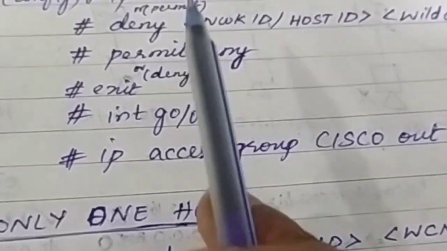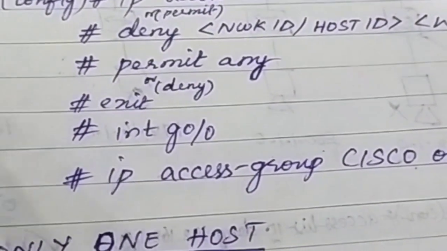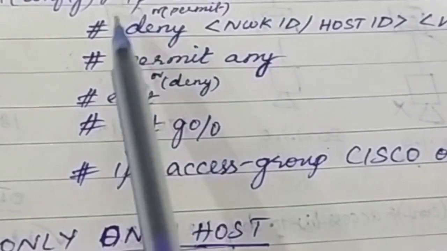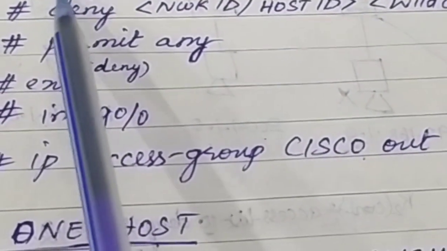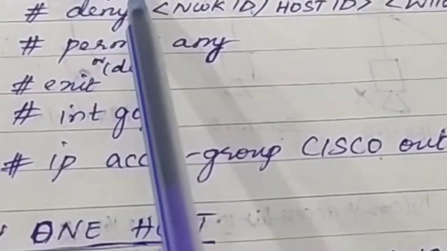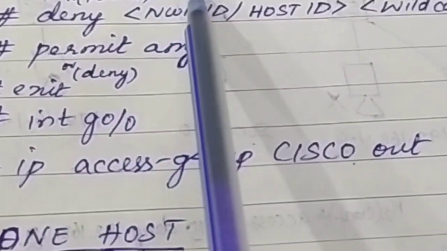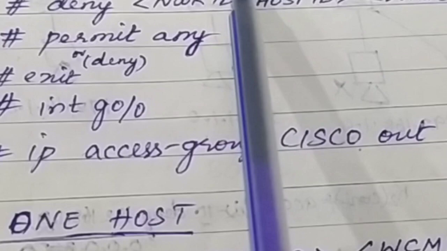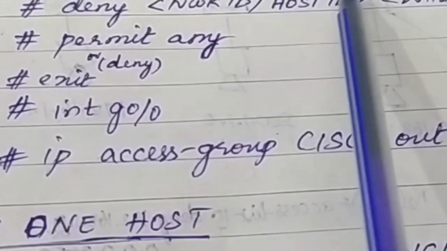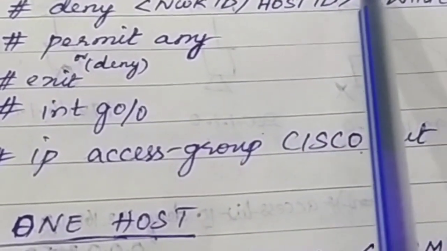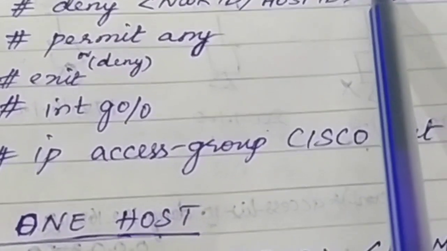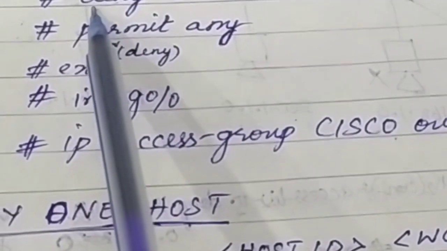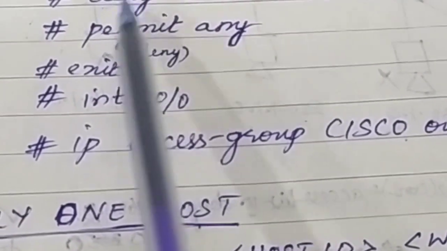So now we'll see standard named ACL. For standard named ACL, only the command is different. It starts with IP. IP space access-list space standard, then the name of the ACL you have to give. Here I'm considering Cisco. Next you can give deny or permit.